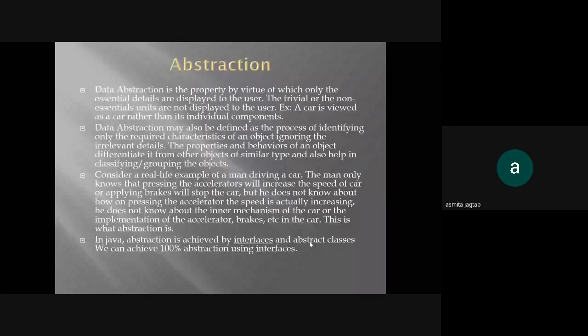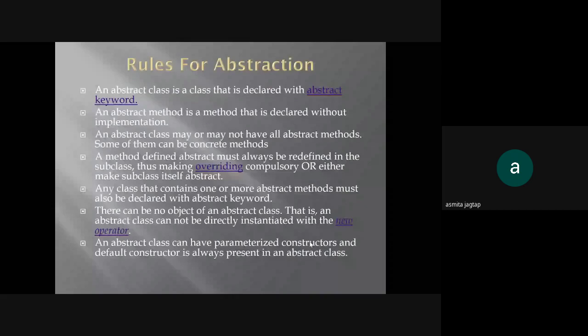Okay, so the rule for abstraction: how to achieve abstraction with the help of an abstract class, we already discussed, and with the help of overriding those methods. An abstract class has abstract methods as well as concrete methods. Concrete means the normal methods we write. We have to override those in the normal class.